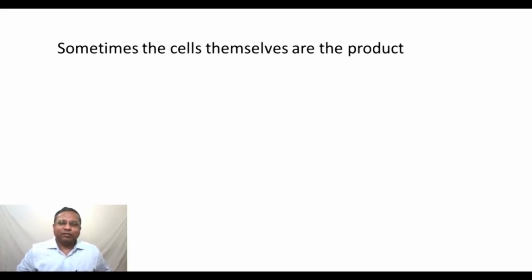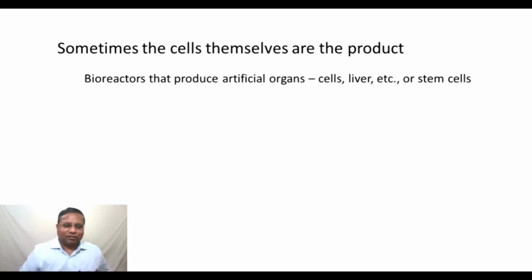Sometimes the cells themselves are the product. It might seem a little odd in the beginning, but let us consider this. I'm sure you'd have heard of artificial organs. Artificial skin was, I think, the first popular organ that was made outside and then put on to burn victims so that they could heal faster and so on.